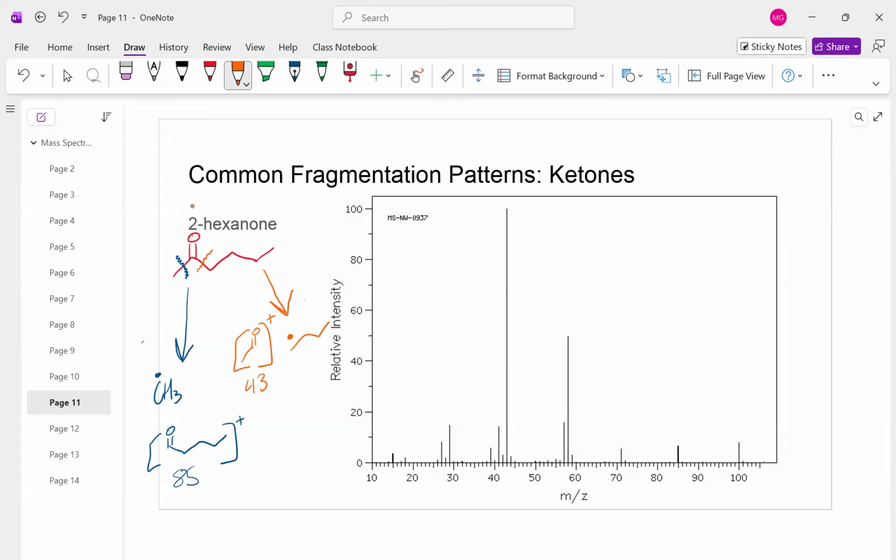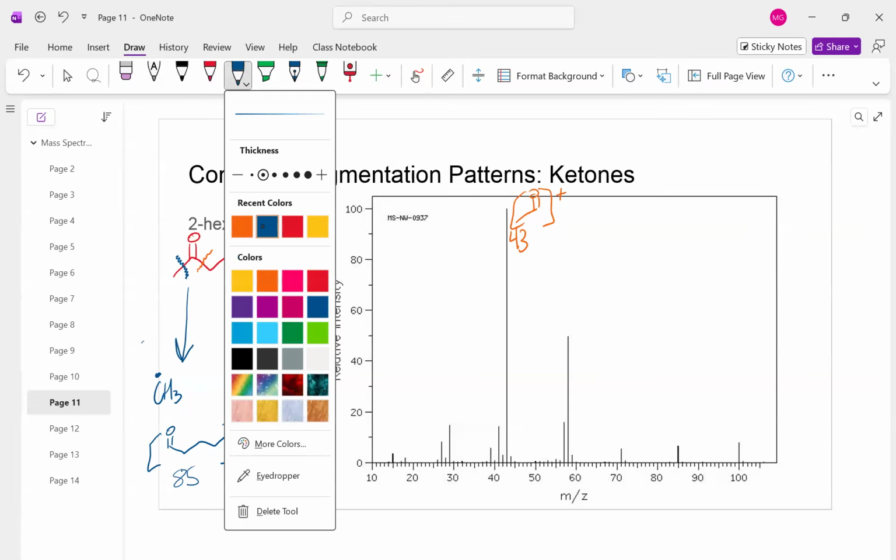Let's take a look at our mass spec here. Notice my base peak is right there at 43. That represents this cation from the alpha cleavage of the ketone. And I also see a small one of this cation at 85.